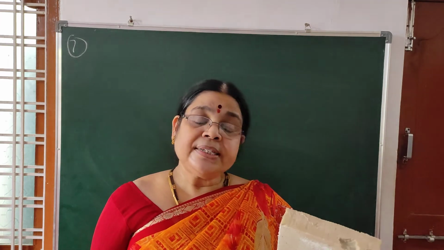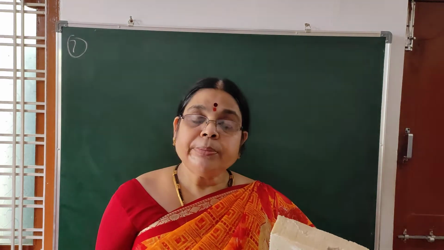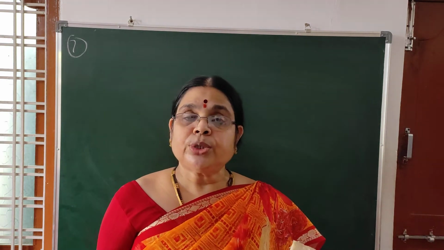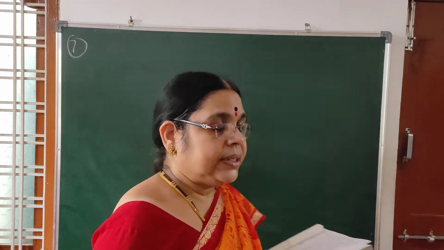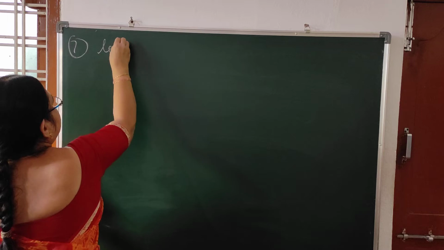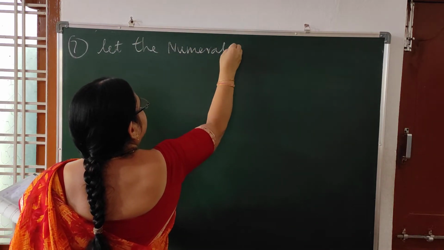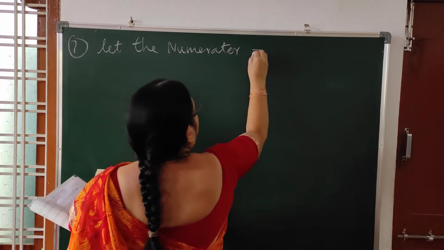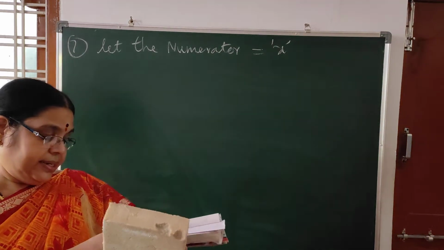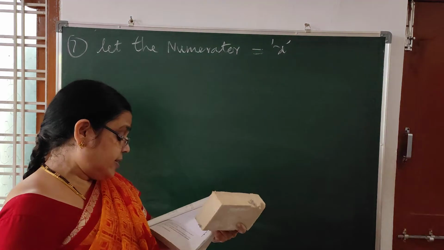Then the numerator is increased by 17 and the denominator is decreased by 1. If you do all this, the result is going to be 3/2. You are asked to find the number. So which one has to be taken as x here? Let the numerator be x, because in the question he says that the denominator of a rational number is greater than its numerator by 8.